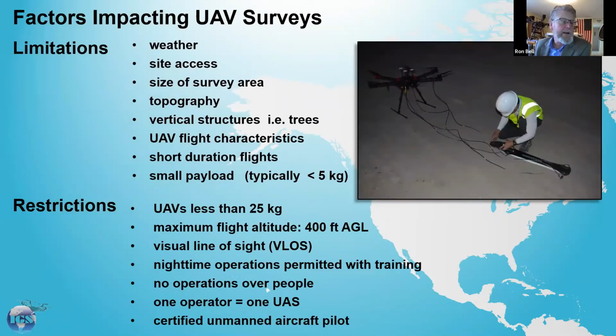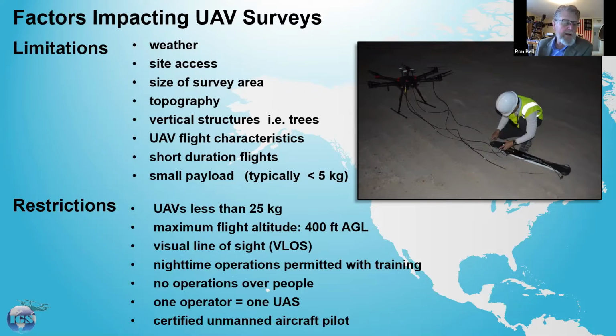The factors that impact UAV surveys, probably the one with the greatest impact is the weather. And then, of course, site access and size of the survey area. Because we're using small unmanned systems, they have a limited amount of time they can be up in the air if they're electric.